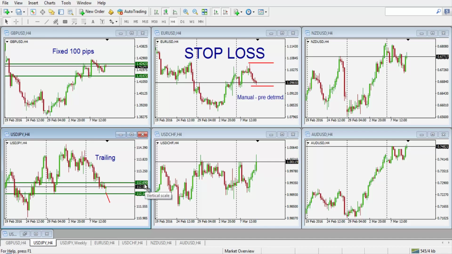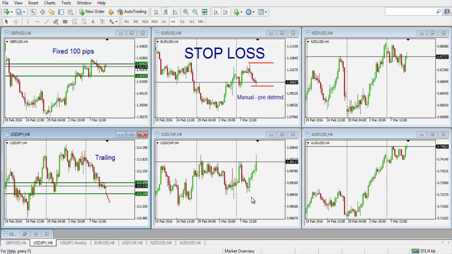So if this is 69, and we move 5 pips down, this will be at 64. If the price action was to go against us, the stop loss will not move against the price action, so it will stay at 64. It's kind of a way of locking in your profits.